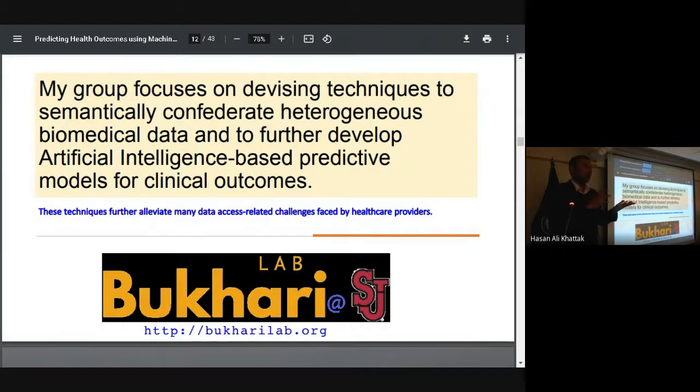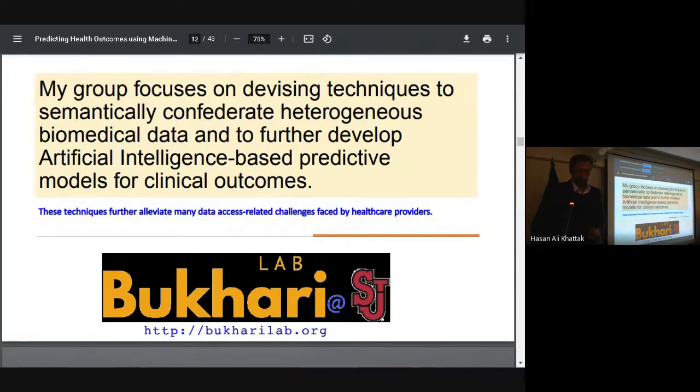I believe everyone has an idea of what I mean when I use the words clinical outcomes. So the purpose of this whole exercise is that these techniques further alleviate many data access related challenges faced by healthcare providers or practitioners.